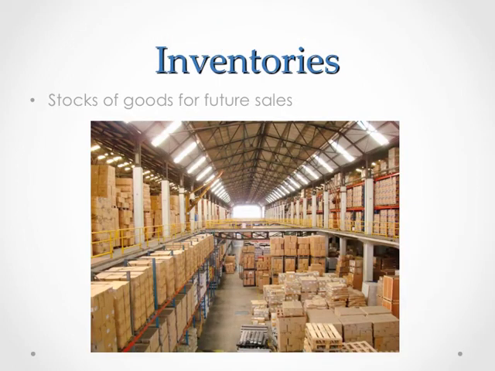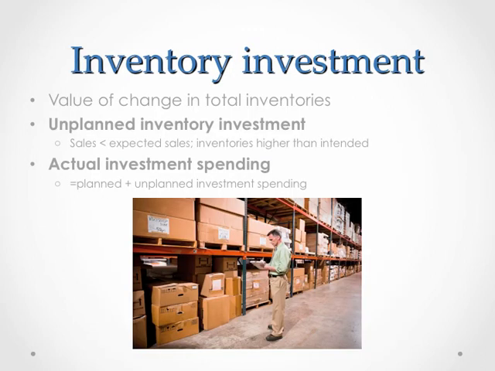We also have a definition for inventories. We've already done this in unit 2. Inventories are stocks of goods for future sales. Inventory investment is the value of the change in total inventories. So sometimes, if sales are less than expected, a company will have higher inventories than they had previously planned. So we call that unplanned inventory investment.